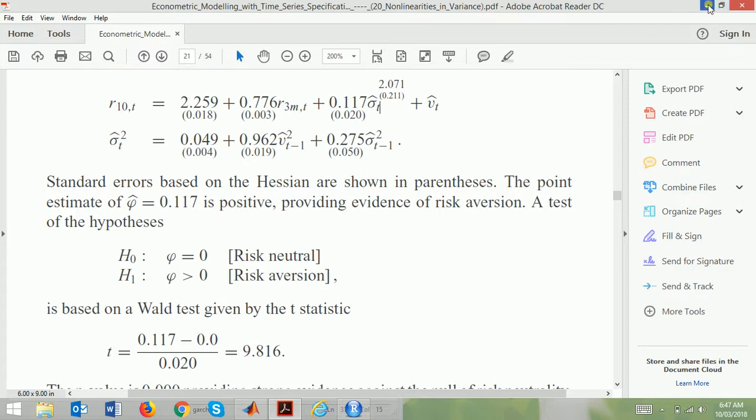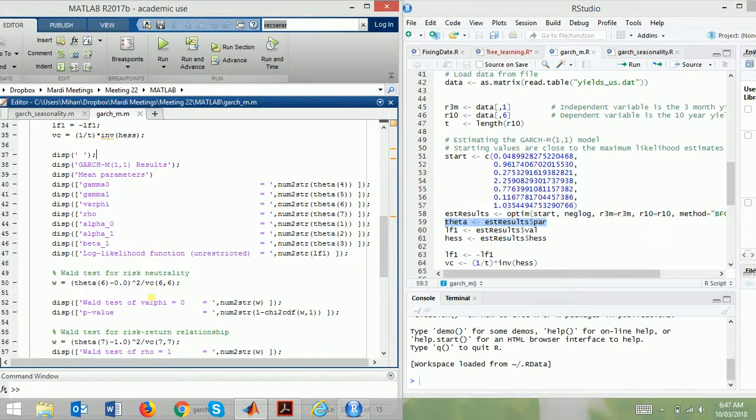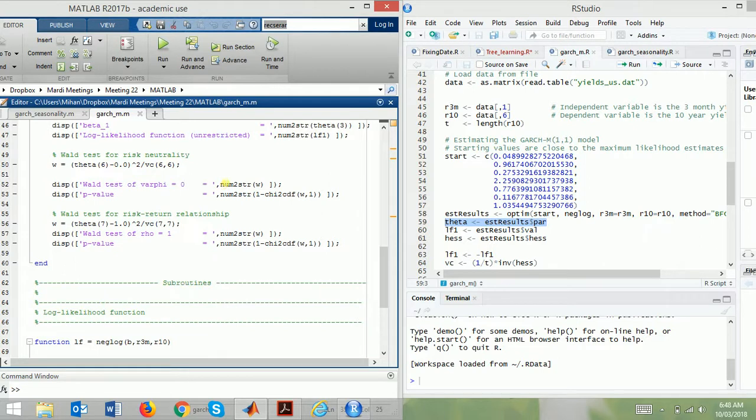That's all. Epsilon value minus 0 squared divided by epsilon standard error. And from the Hessian we can find that, right? That's how: inverse VC, the 6th row and 6th column. In the 6th column is located the standard error of the epsilon. We do it and we have the risk neutral.